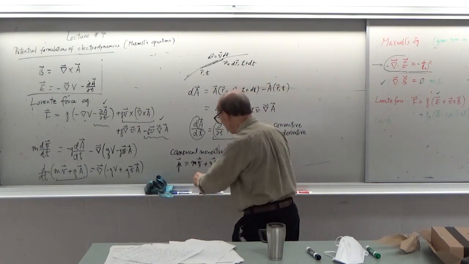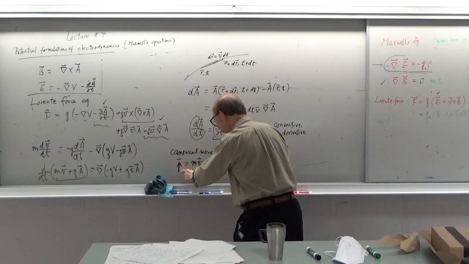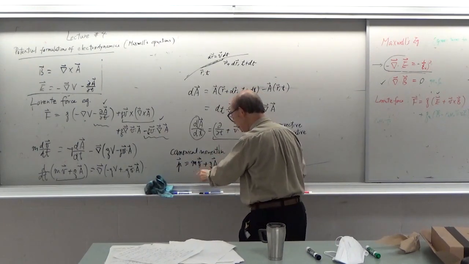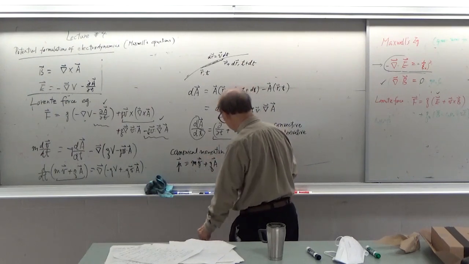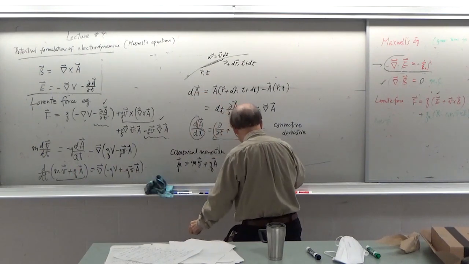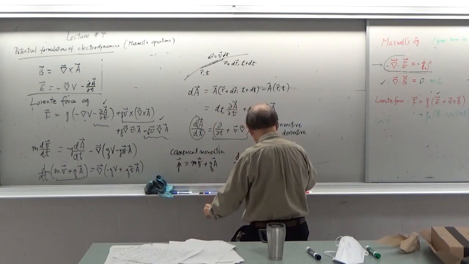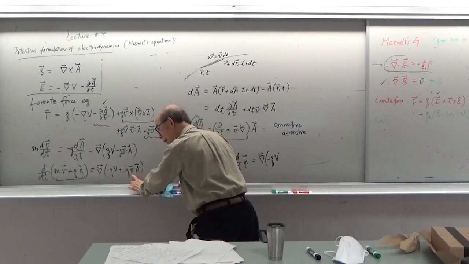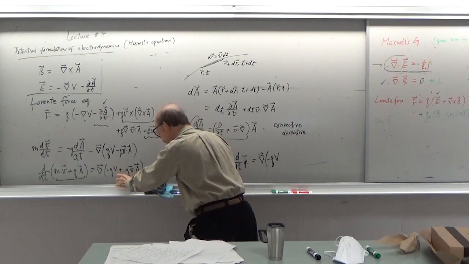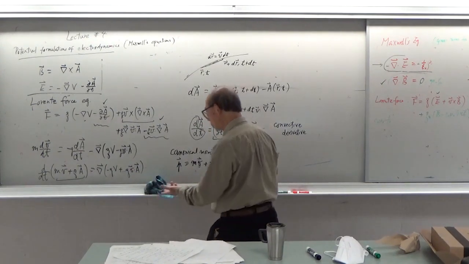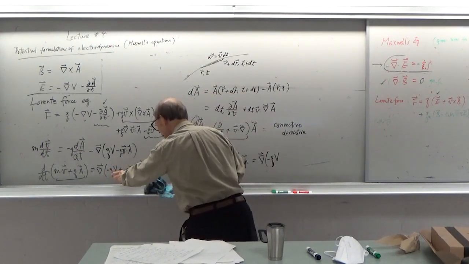Some people put in a subscript canonical at P, so as to remind people that it's the canonical momentum. That's this extra term in expressing momentum that they're talking about. So the rate of change of the canonical momentum is given by the gradient acting on V and A. Of course, the gradient acting on V is 0 if V and A are constant in space, independent of position.